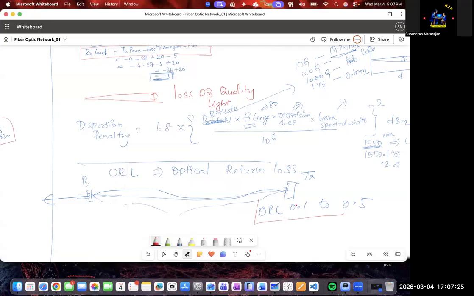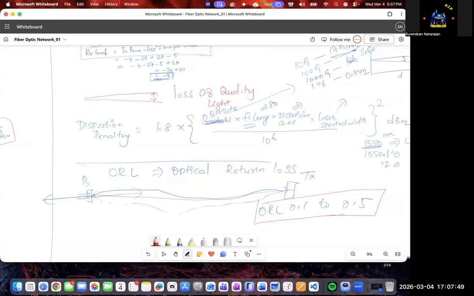It is the return loss. Optical return loss: some of the light is reflected in the connector and returns back to the origin transmitter again. So that will interfere with the signal partly. So that loss is between 0.1 and 0.5.